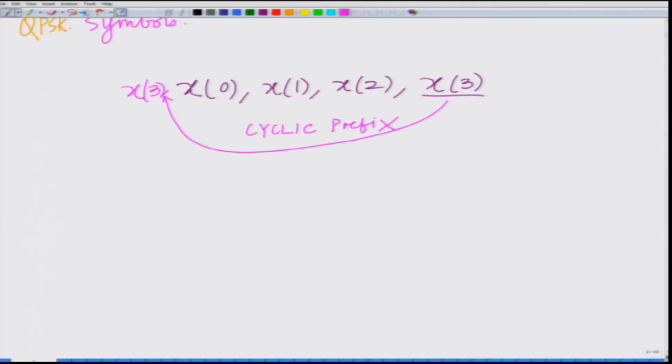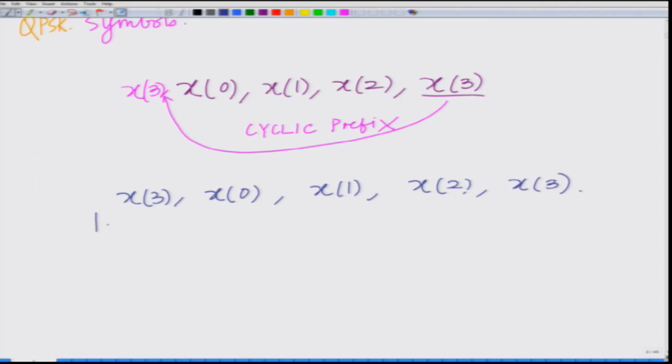So now, if I substitute the small x0, let me write this down. What is the transmitted block? Your transmitted block is x3, x0, x1, x2, x3, and now let us substitute the values.